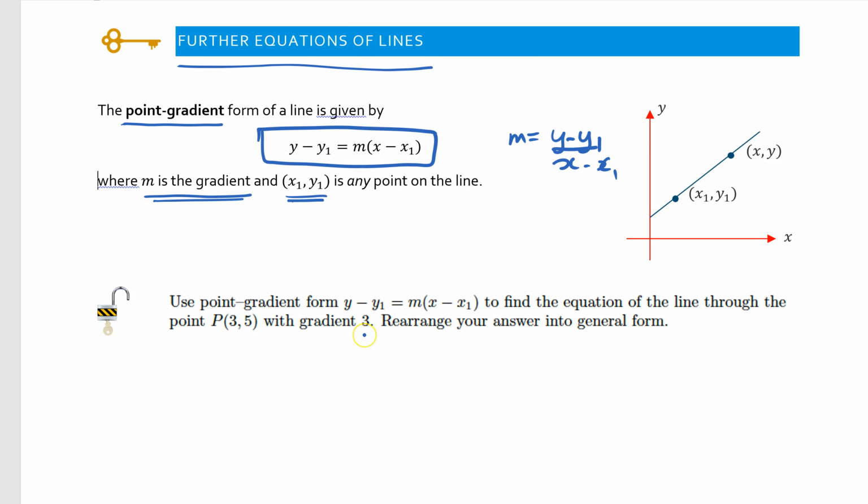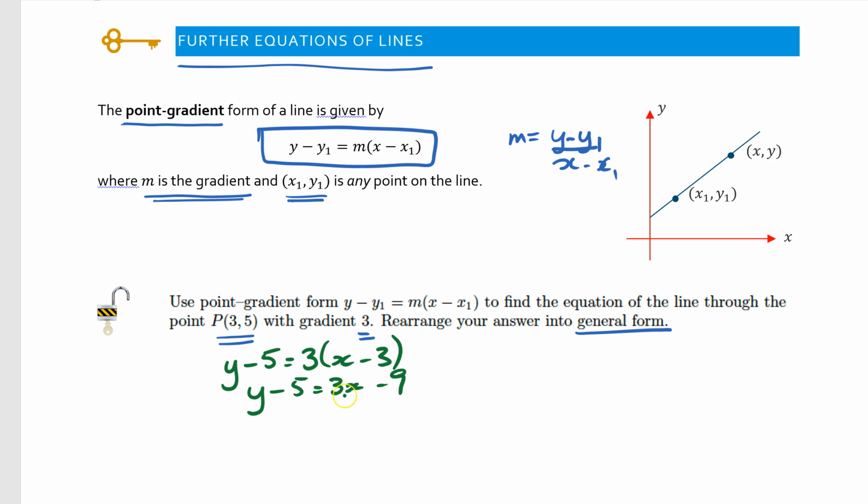Using our point gradient formula, find the equation of the line through this point and with a gradient of 3, and rearrange into general form, which is the other name for standard form. Then we'll have y minus y1, which is 5, equals m outside of x minus x1. So y minus 5 equals 3x minus 9, error point number 1, not multiplying the brackets out correctly.